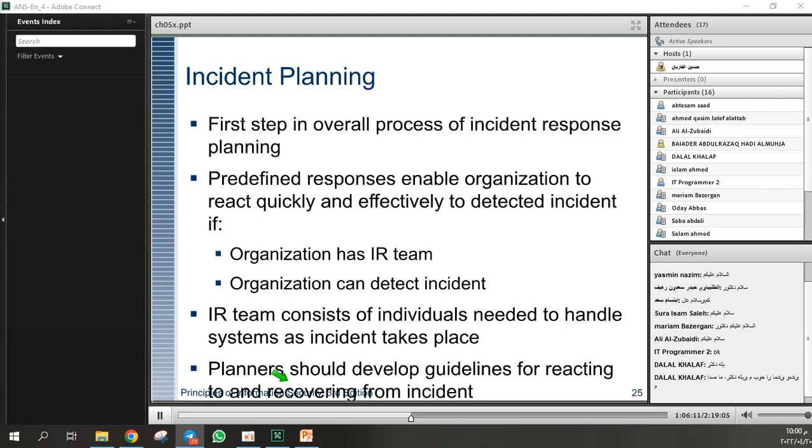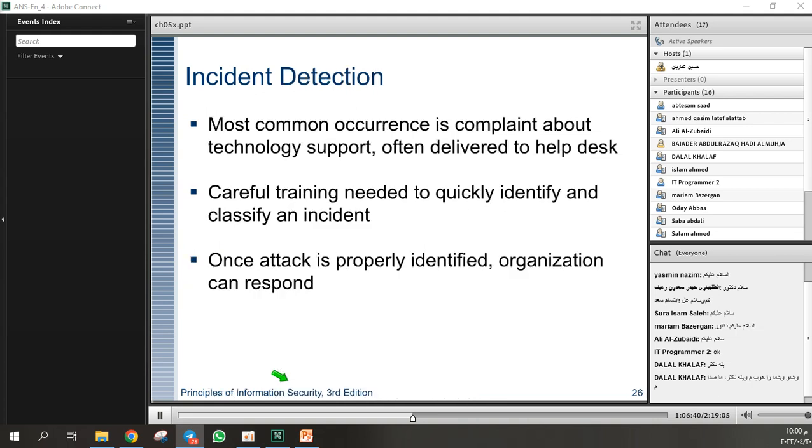So I must define it, declare it, and prepare guidelines, reactions, and recovering forms. I must prepare enough documents to act against those incidents.